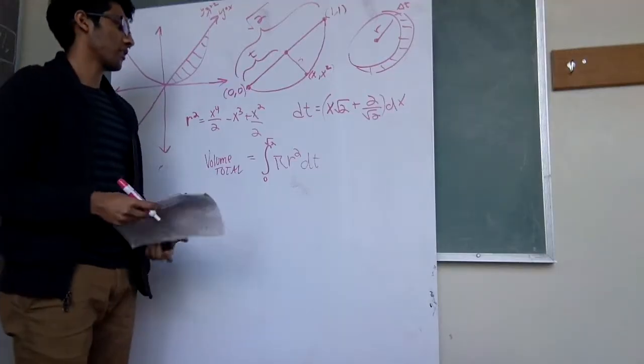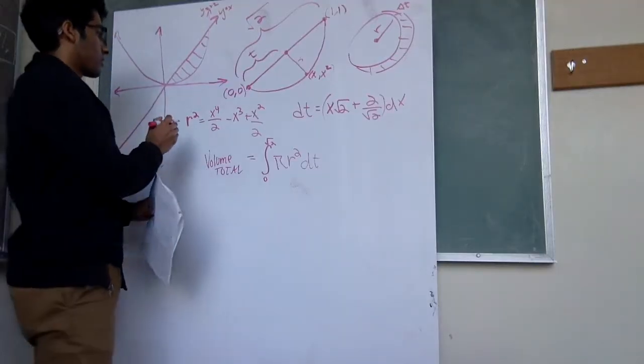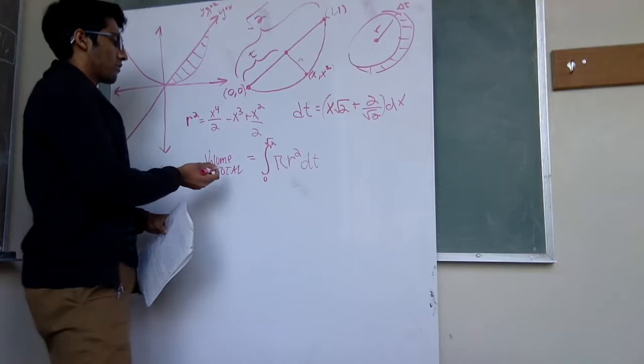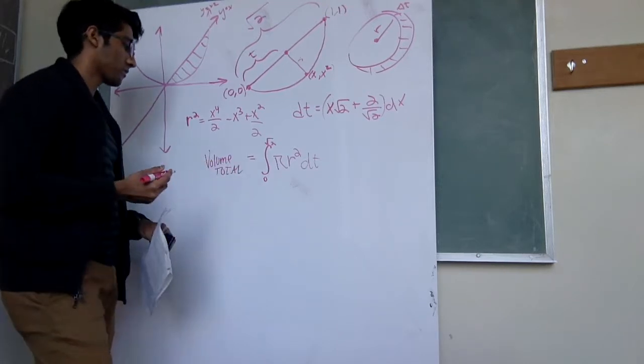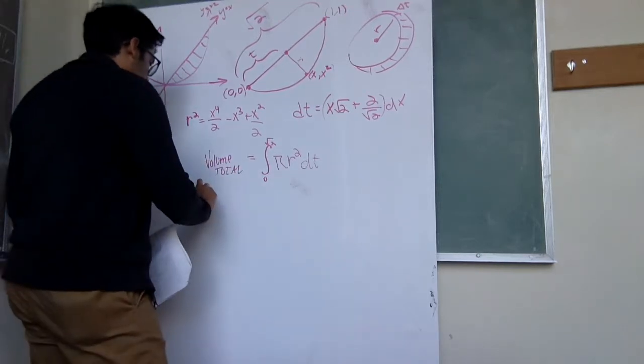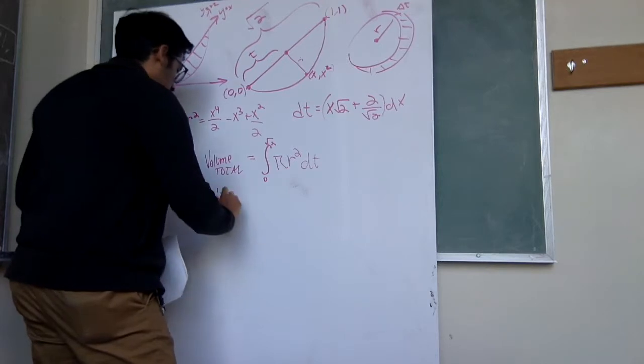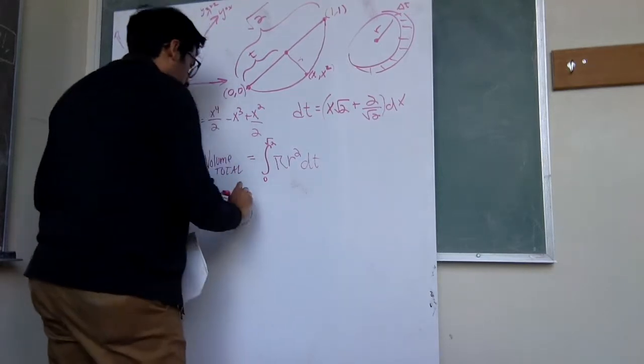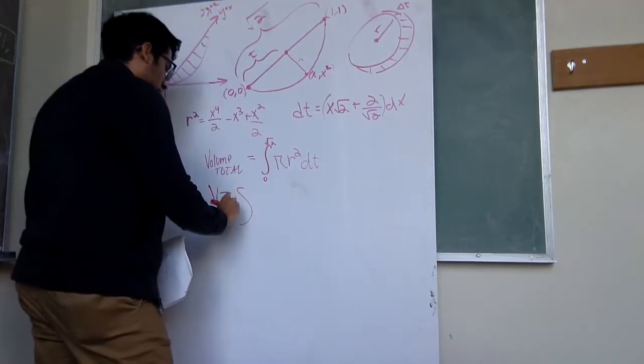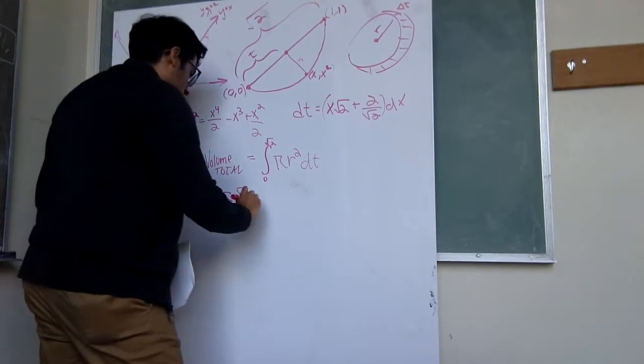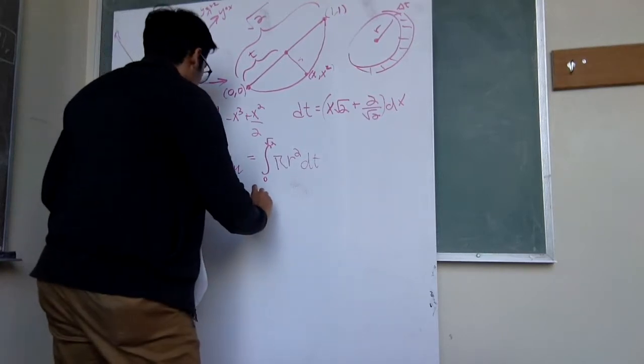Okay, so now that we have our equation for r squared, we can plug it into our volume formula right here. And then when we do that, we get this. We can take the pi out because it's a constant, and we're left with this.